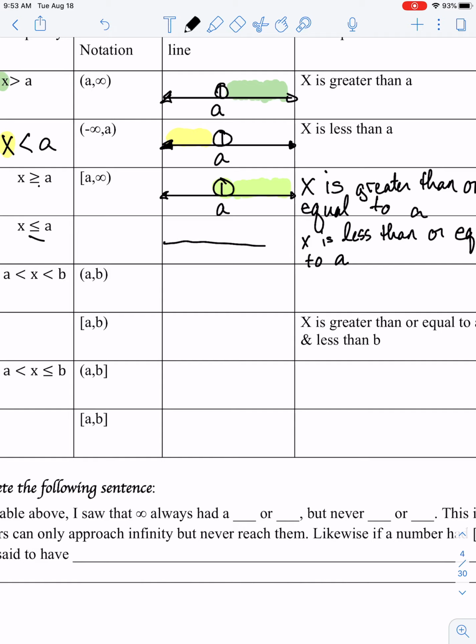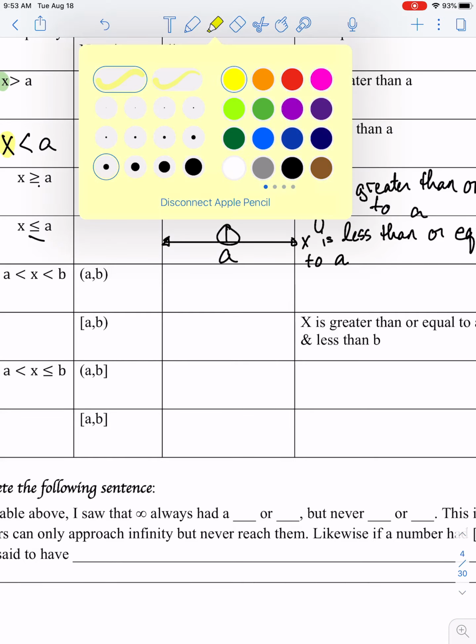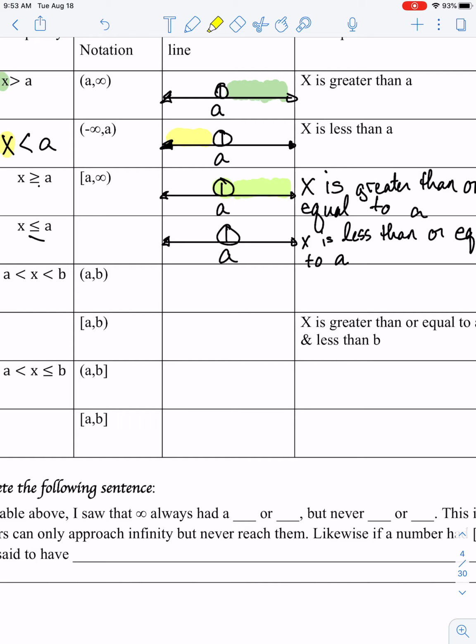And so a number line. X is less than, so shade to the left. It's equals to, so I fill in the dot, and now I'm done.